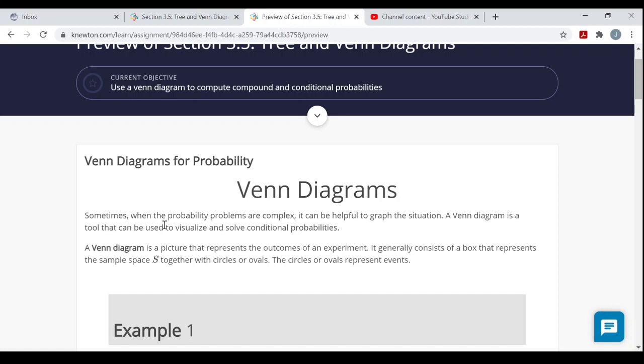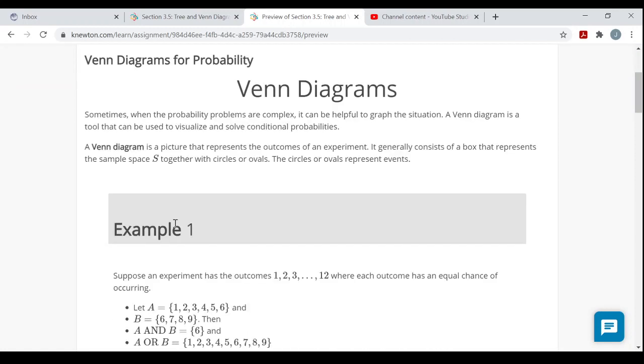So sometimes when the probability problems are complex, it can be helpful to graph the situation, as they said with a tree diagram. A Venn diagram is a tool that can be used to visualize and solve conditional probabilities, or just any probability really. A Venn diagram is a picture that represents the outcomes of an experiment.